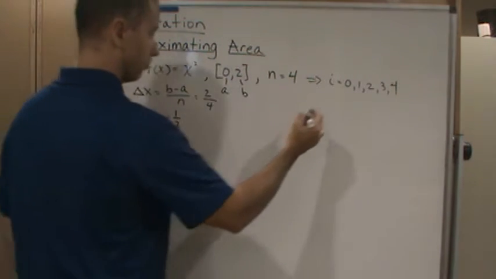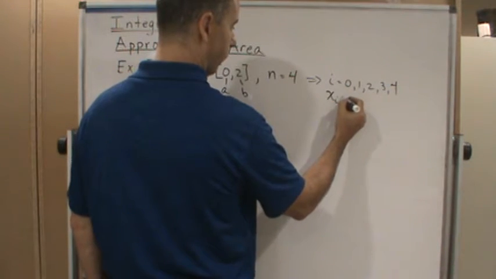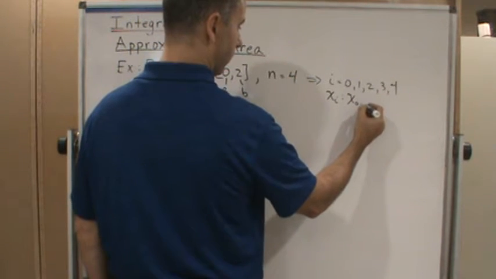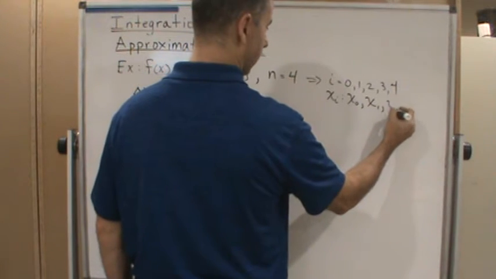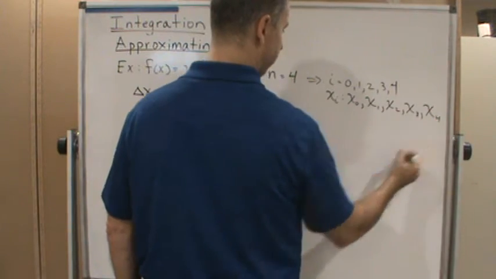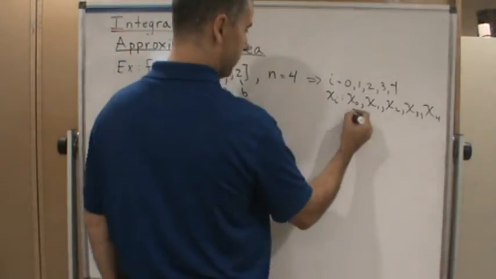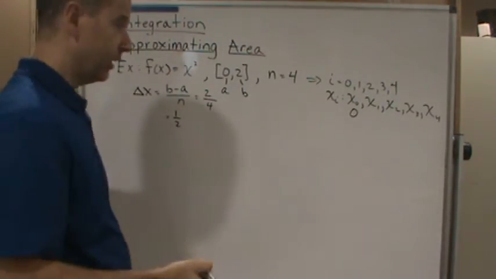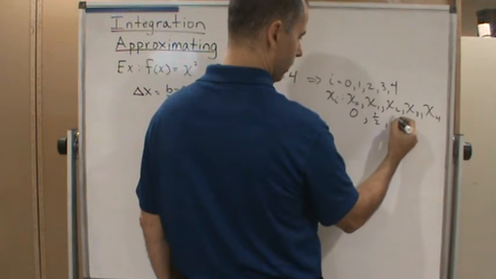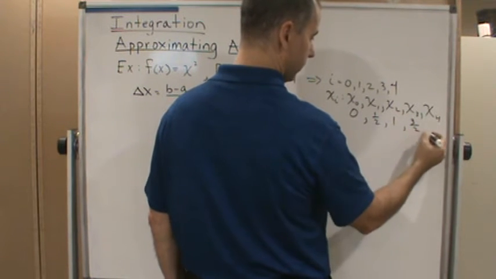So that means, based on my delta x being a half, x sub i is going to be x0, x1, x2, x3, and x4. So x0 is going to be my A, which is 0, and it's going to go up by a half. Remember the formula? So this is going to be 0, 1/2, 1, 3/2, or 1.5, 2.